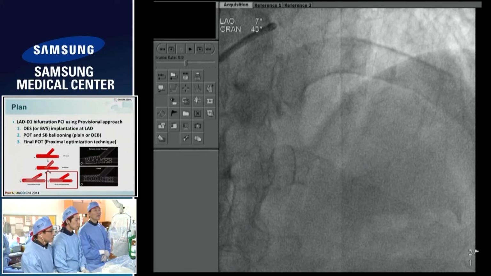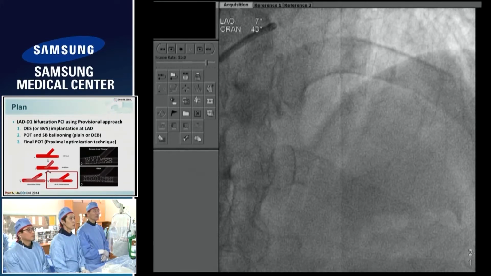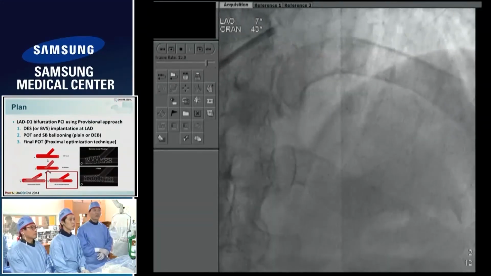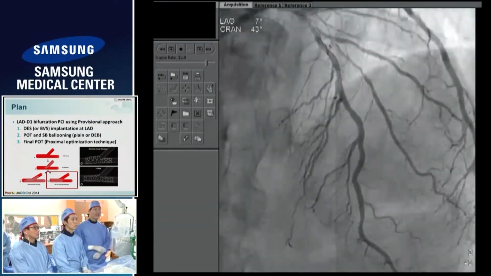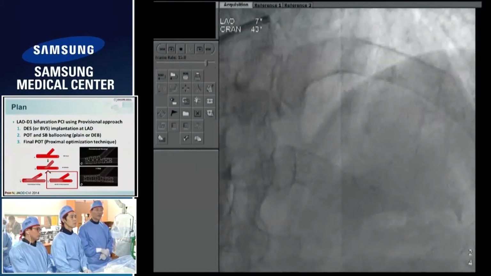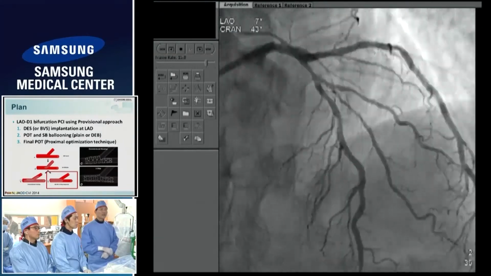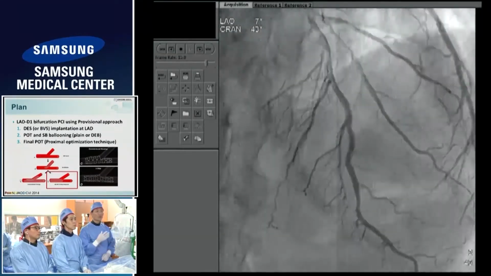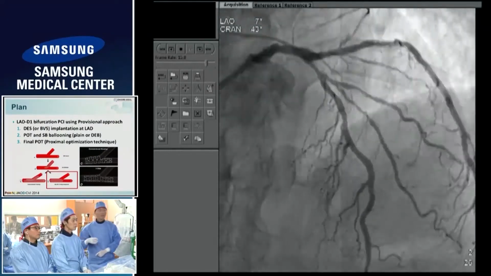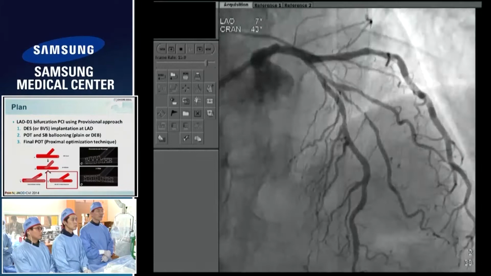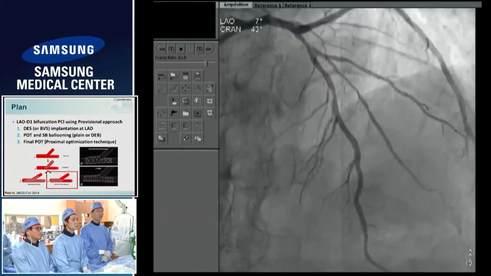Okay. So in the LAD bifurcation lesion, after implanting the BVS or DES in the LAD, there is a lot of chance to dilate the side branch. Final kissing ballooning is a usual technique for finalizing the result after sinus ballooning.